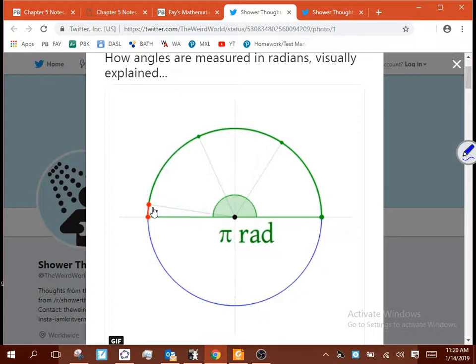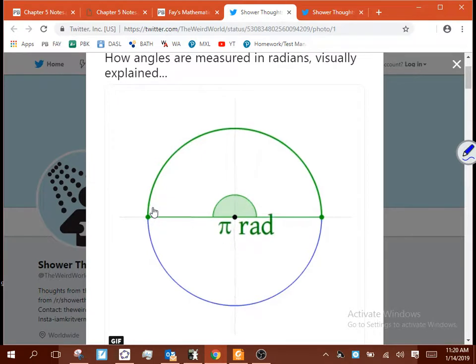Does that make sense? So when I put all 4 of those sectors together, they're going to add up to pi radians. So how many degrees would that have been if I traced that out? 180 degrees, right? You make that straight angle there, so you get 180 degrees. Here we're seeing that that's actually the same as pi radians.